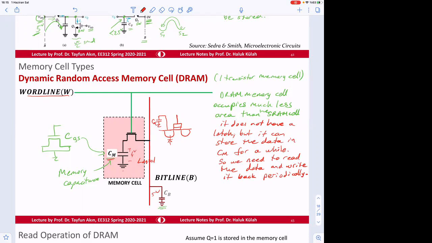I mean, before the leakage takes it. So maybe in a few milliseconds.